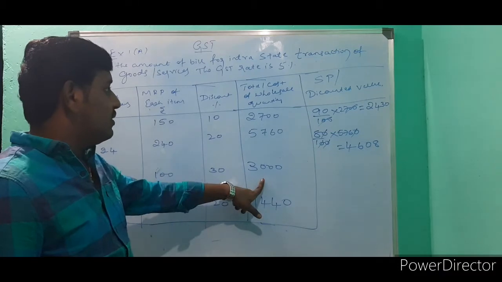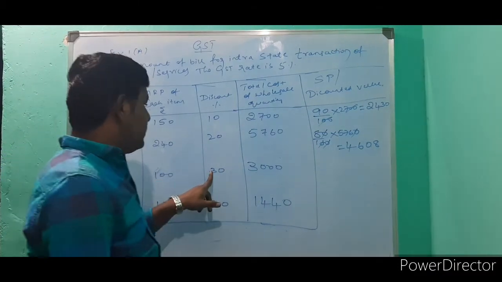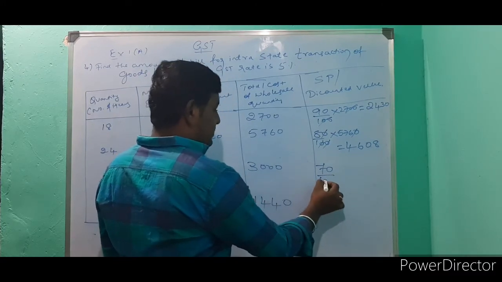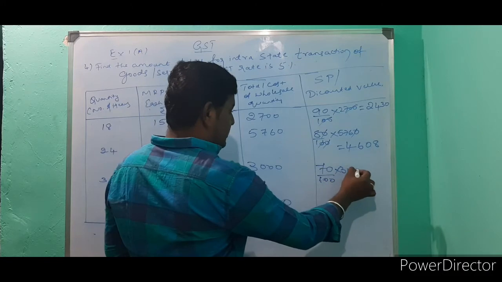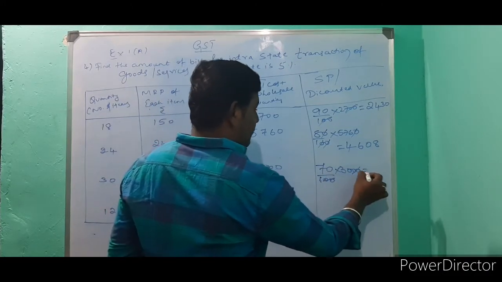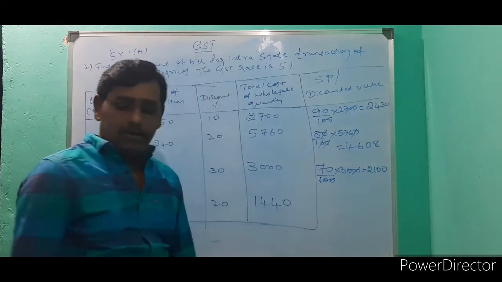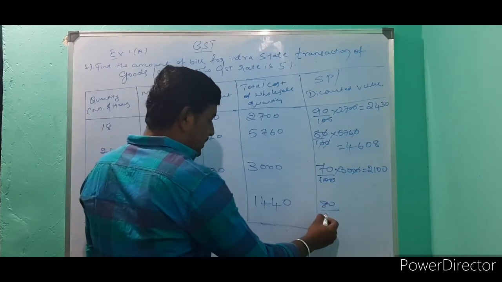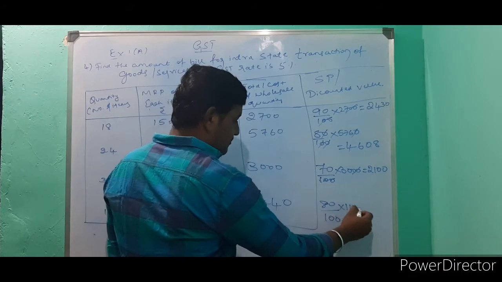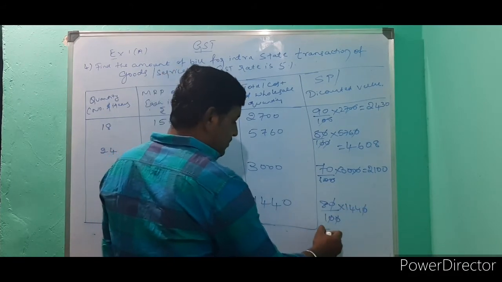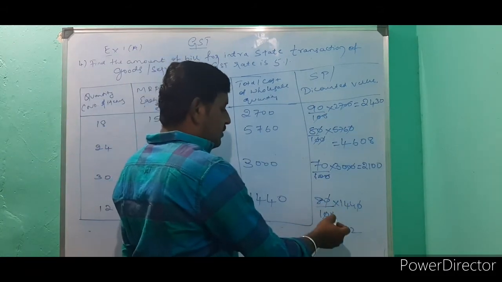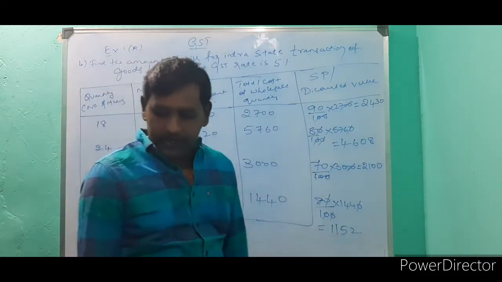So here the total wholesale cost is 3000. Here discount is 30%. Discounted value: 100 minus 30 is 70 into 3000. The zeros get cancelled, and you will get 2100. Then for 20% discount, 80 into 1440 gives 1152.